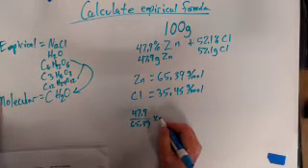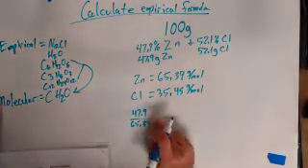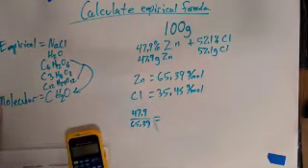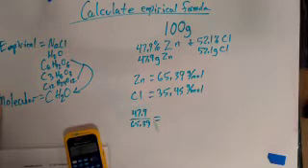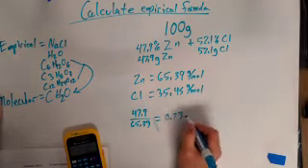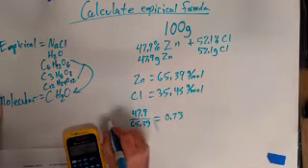All right, so we're going to divide that out. 47.9 divided by 65.39, and that gives us 0.73. And that's for zinc.